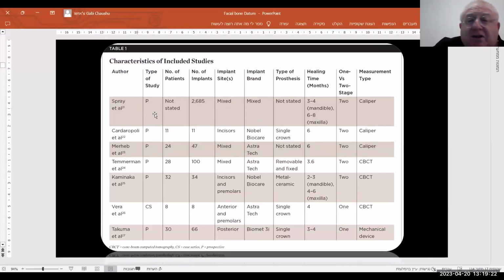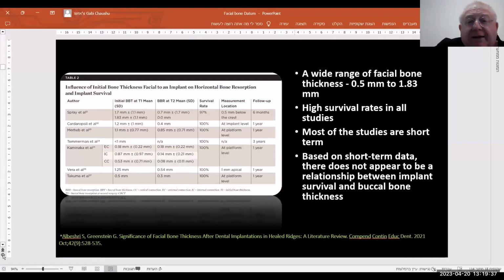You see this Spray study over here. It is the most extensive, around 3,000 implants, and it's very difficult to compare it to the other studies, in which the numbers are basically much lower. And what they found in those studies was that there was a wide range of facial bone thickness from 0.5 to 1.8.